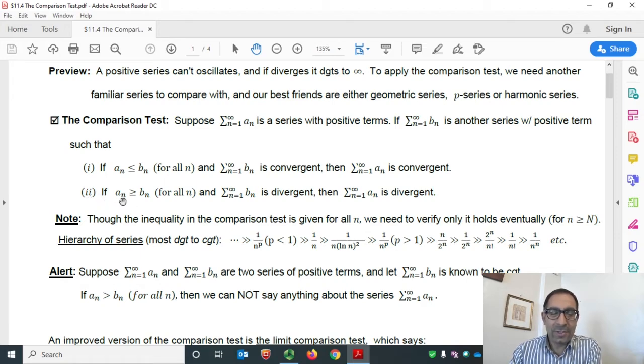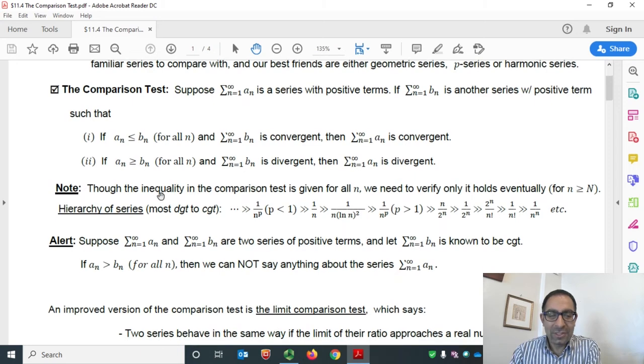If An dominates Bn for all n and if the smaller series Bn is divergent, then the bigger series An is divergent. Note, though the inequality in the comparison test is given for all n, we need to verify only that it holds eventually.